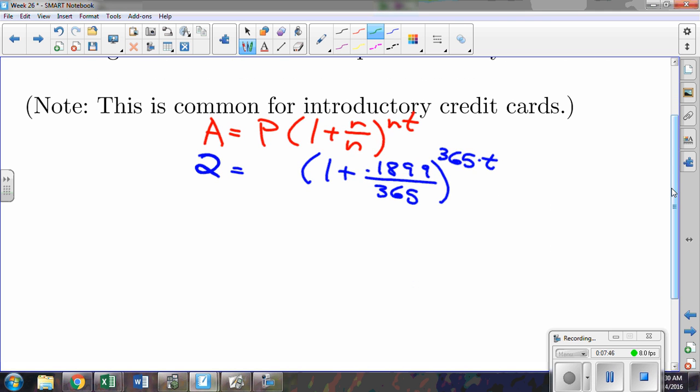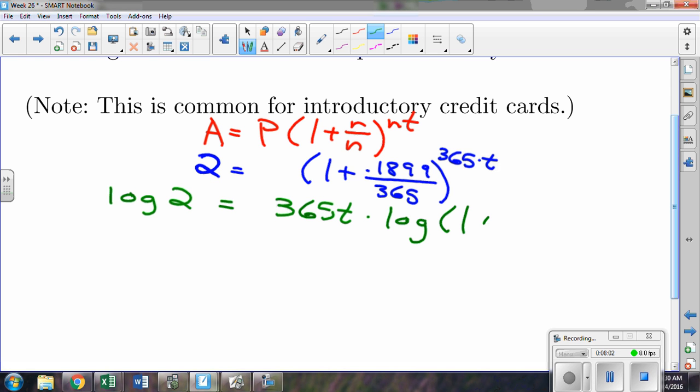The two steps I'm combining right now, taking the logarithm and bringing down the exponent, I'd have the logarithm of 2 equals 365t multiplied by the logarithm of this blob.